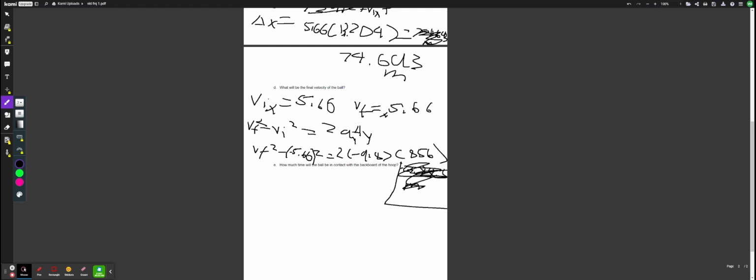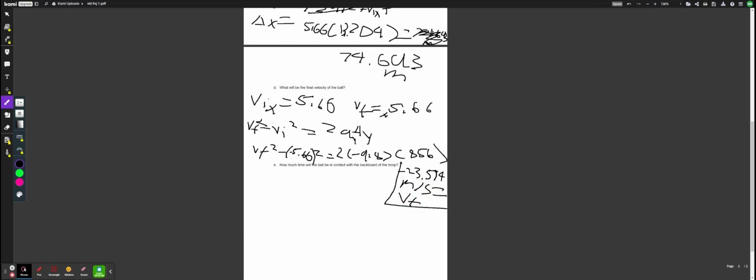We get 23.574. But remember, again, it's in a downward direction, therefore it's negative 23.574 meters per second, which is equal to the final velocity.